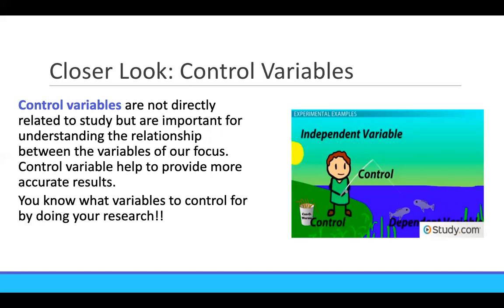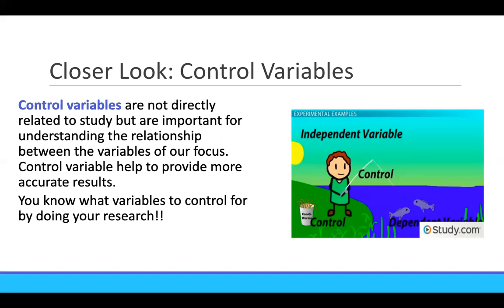So let's talk about some of those variables now. Control variables. These are variables that are not directly related to the study, but they're important for understanding the relationship between the variables of our focus. And we call them control variables because normally what we say is something like, oh, I controlled for race and social class.